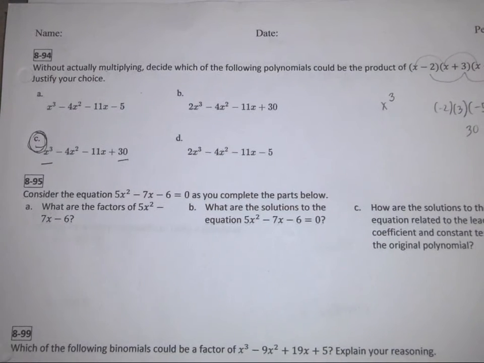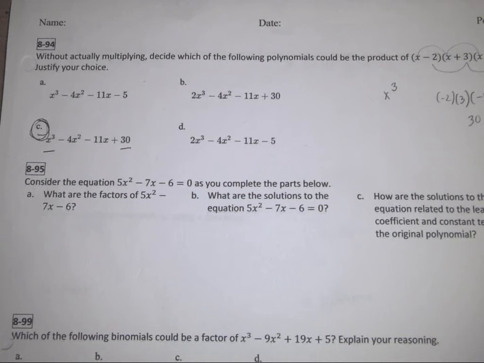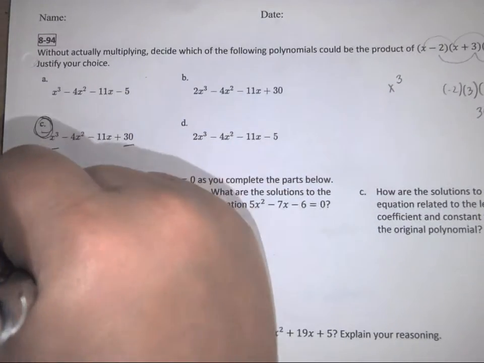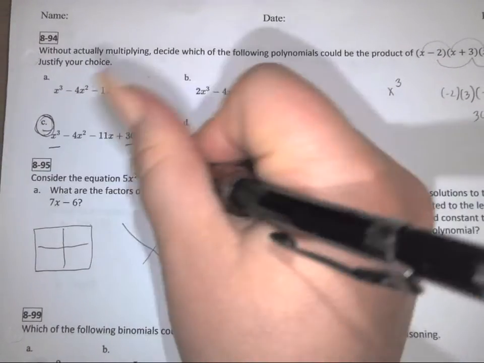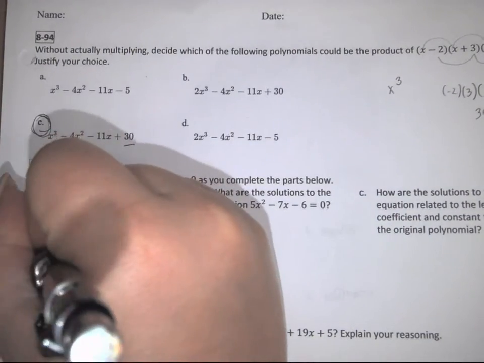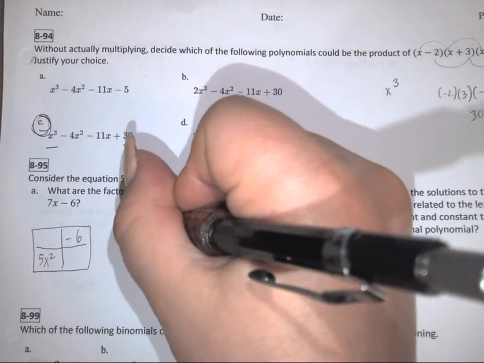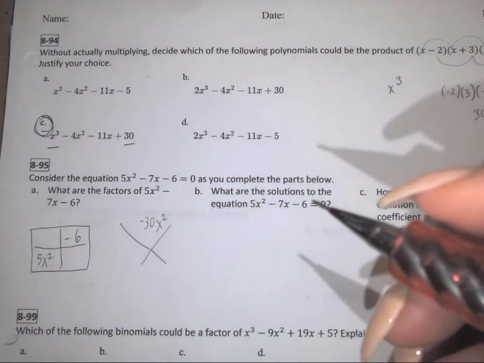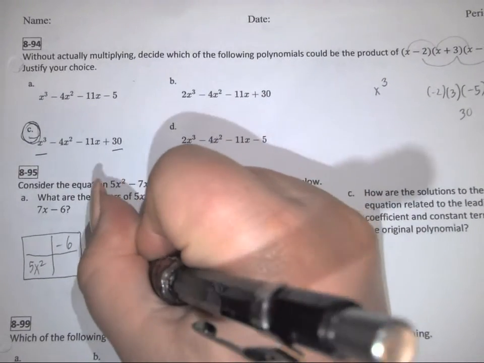Okay. Alright, it says consider the equation 5x squared minus 7x minus 6 equals 0 as you complete the parts below. So what are the factors of that? So let's set up our area model and diamond. So 5x squared goes here, negative 6 goes here. Multiply them, you get negative 30x squared. And then you put negative 7x here.